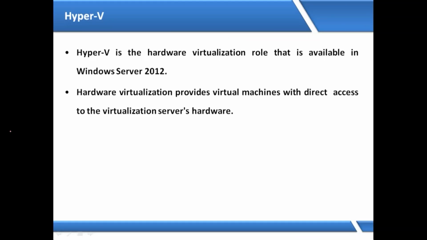So if these three resources, processor, RAM memory, and hard disk memory, are taken by the virtual machine directly from the physical machine itself, without any OS, that is called hardware virtualization.